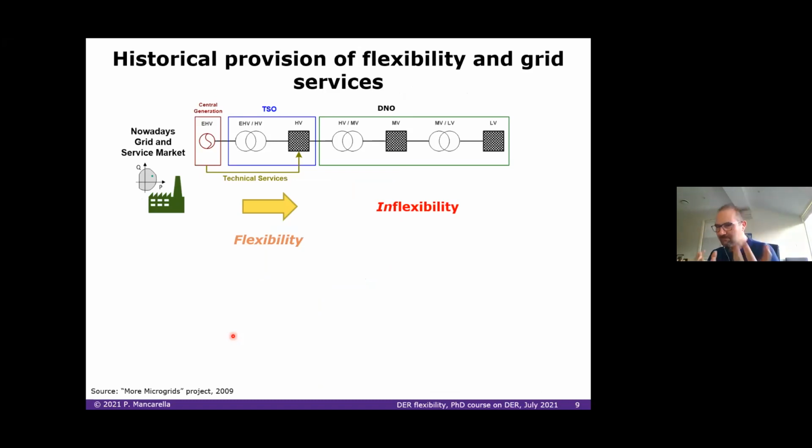You do frequency control, voltage control, and it's all about synchronous machines or other controls related to modulating the active and reactive power flows in the transmission network. Very little actually happens, or used to happen, in the distribution system, and the demand would effectively be basically inflexible, and you will not have many controllable resources in general in the distribution system.